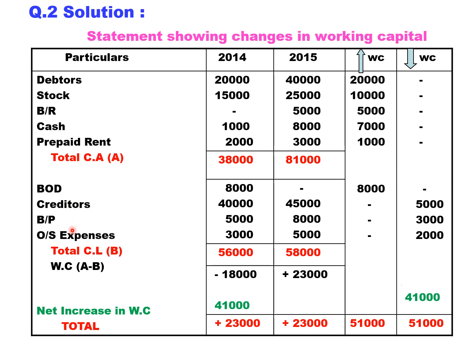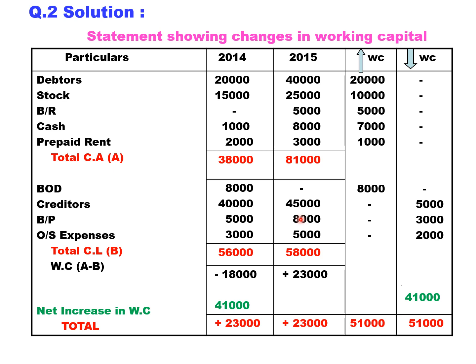We have four current liabilities. BOD was 8,000 last year, current year nil. It means complete BOD is settled and paid back. No BOD available in the current year. So decrease in BOD will result in increase in working capital.